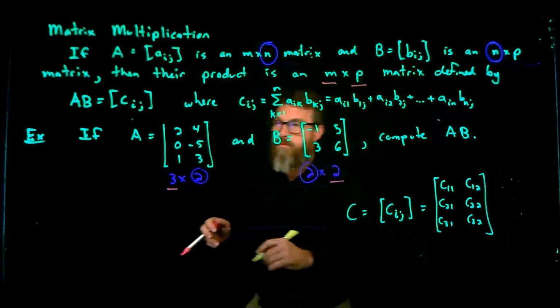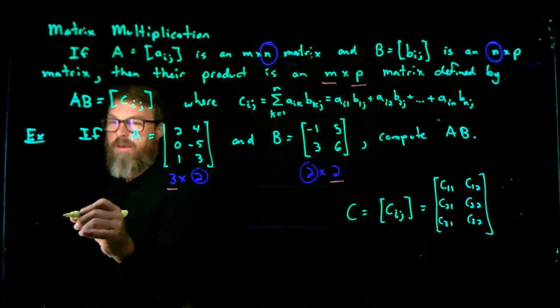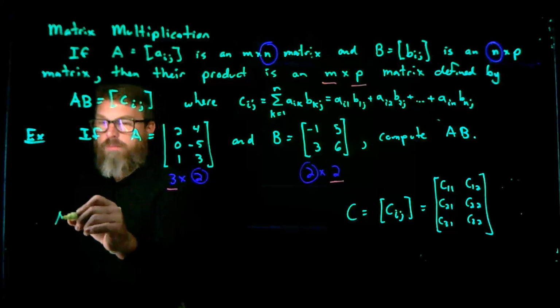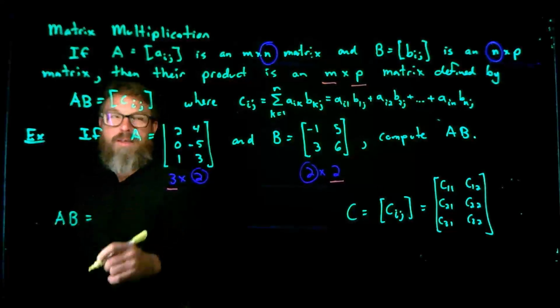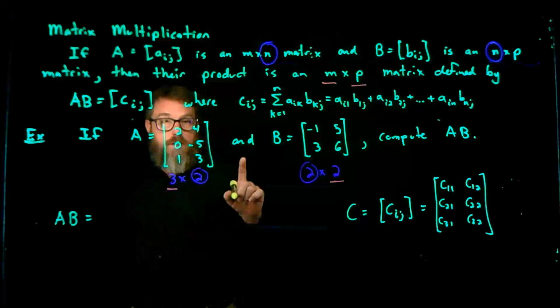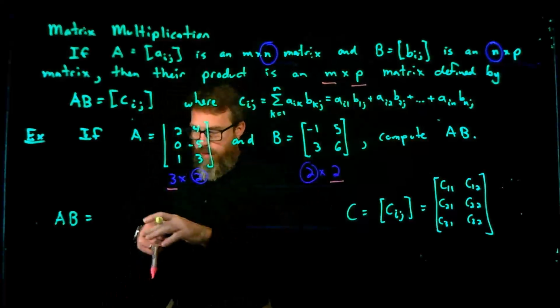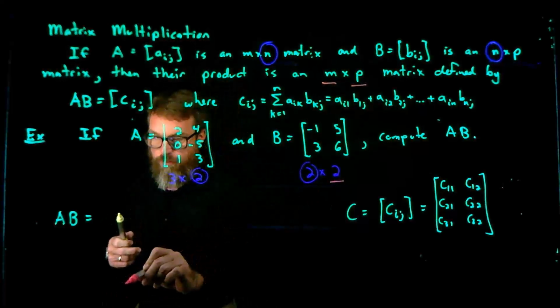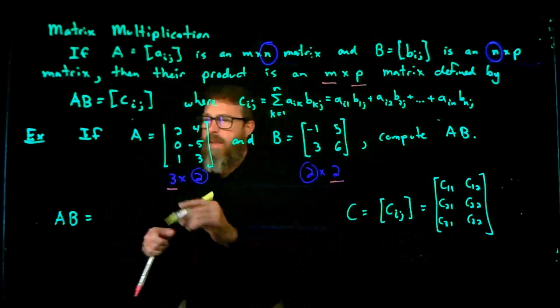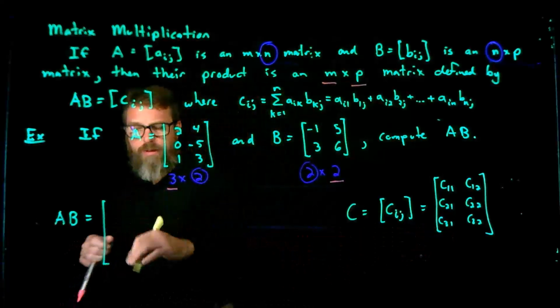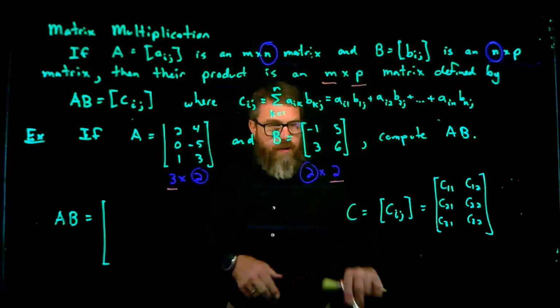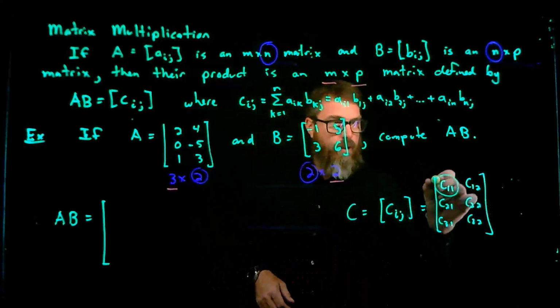All right, so matrix C, or we'll say the product AB, is going to be equal to a 3 by 2 matrix. Well, we have it right here. And how are we going to find the very first entry? How do you find this entry right here?